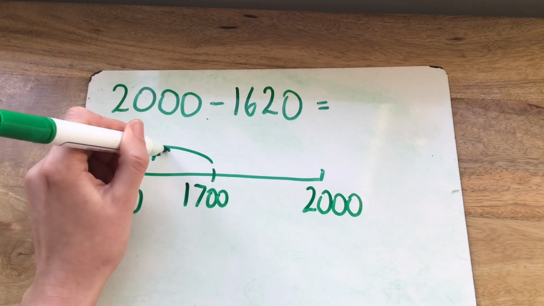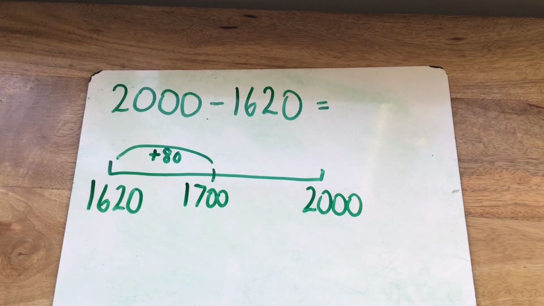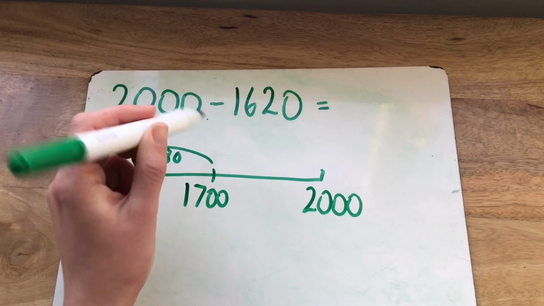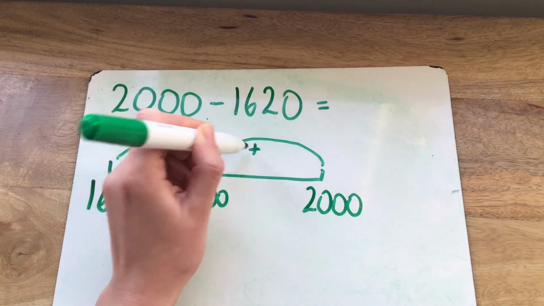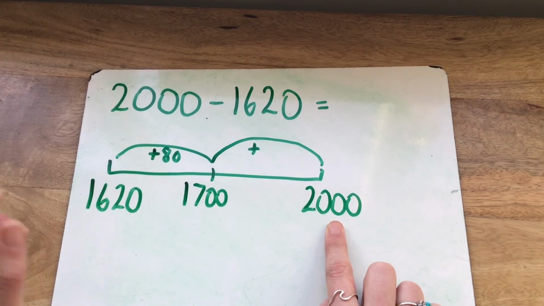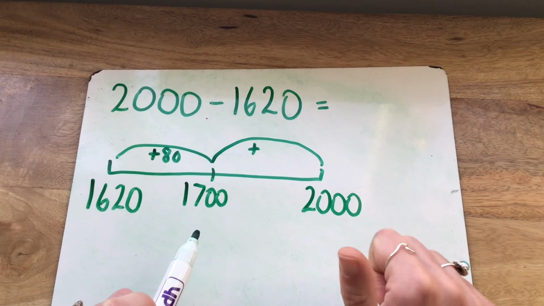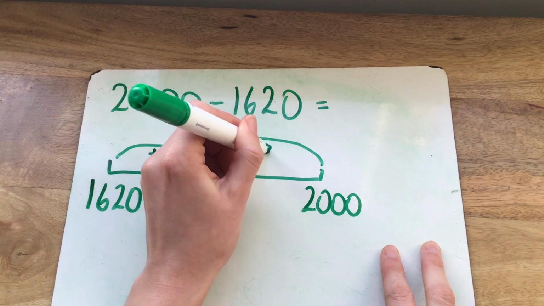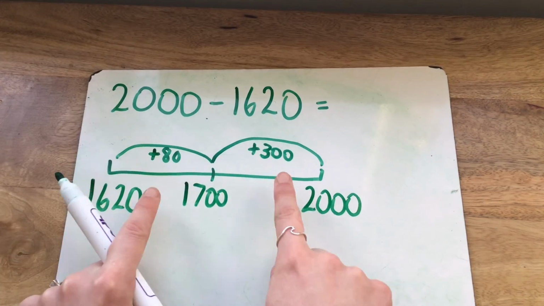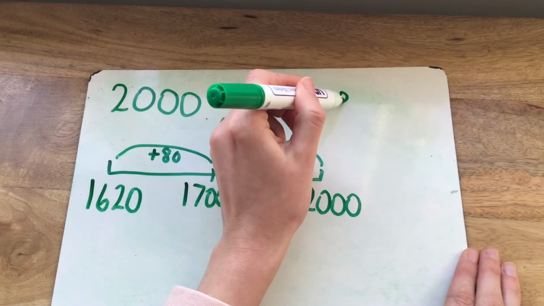So I've got to the next 100, so I've added 80. So now I'm at 1,700 and I need to work out how many 100s I need to add to get to 2,000. So 1,700, 1,800, 1,900, 2,000. So I've added 300. Adding those two numbers together gives me the answer of 380.